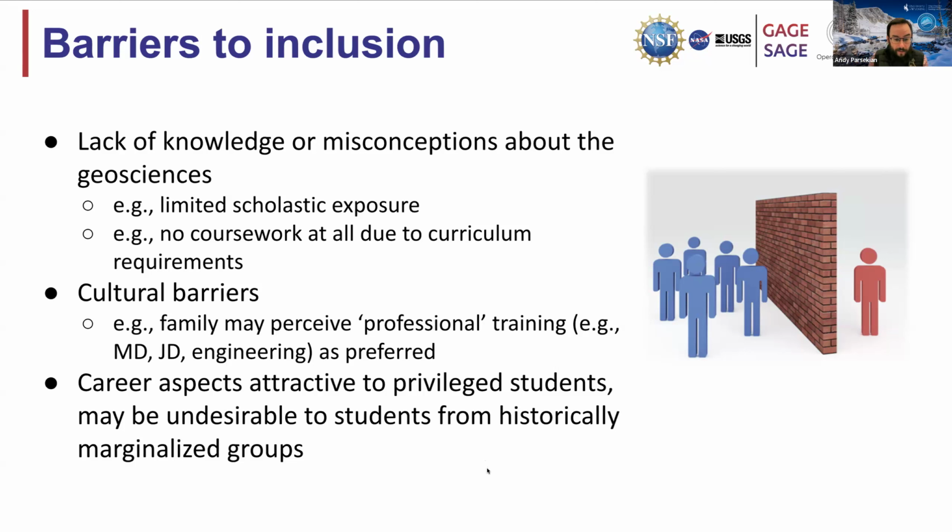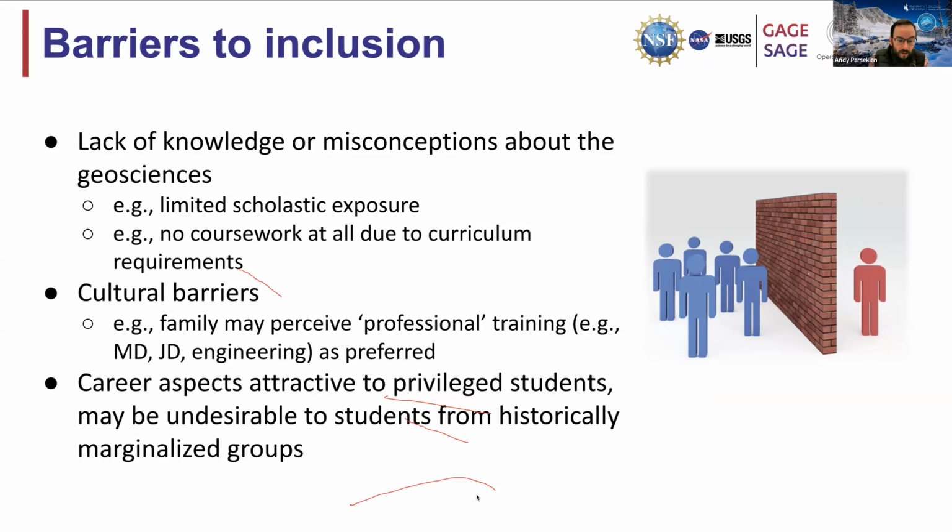For example, family of students may perceive that professional training like medical doctorates or law degrees or engineering degrees are preferred because they have very clear paths to careers. Well, we want to also highlight that there are good opportunities for careers in geoscience. And so we try to link the curricular materials with that element as well.